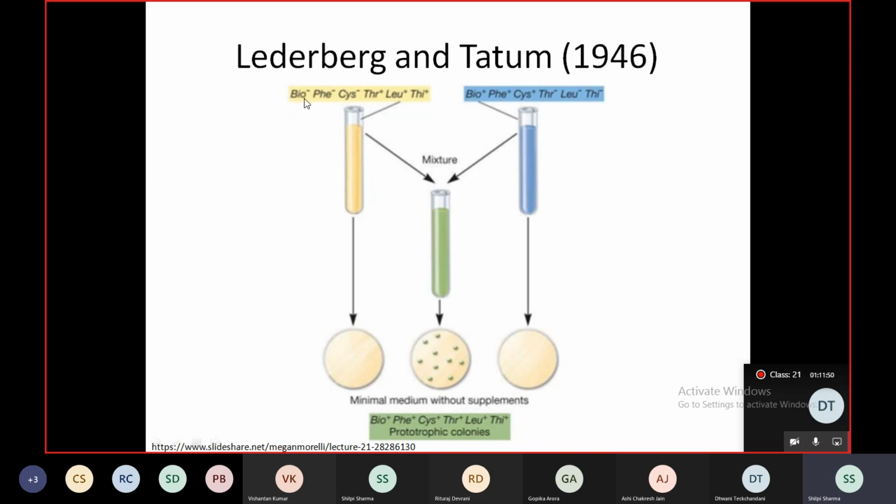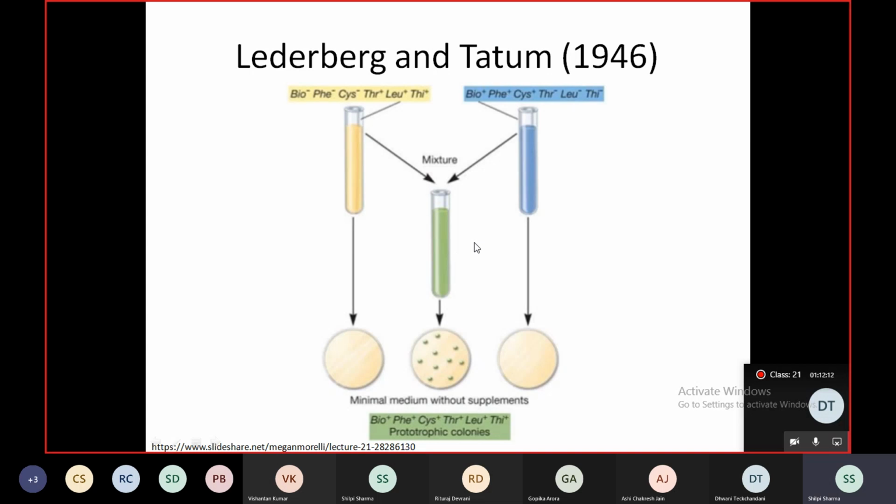It cannot synthesize some of these components, so they need to be supplemented. Just the minimal media will not support the growth of this particular auxotroph. Same is the case with the one in blue. It cannot grow on a minimal medium. However, if the two were mixed, they found that on minimal medium, cells could grow.